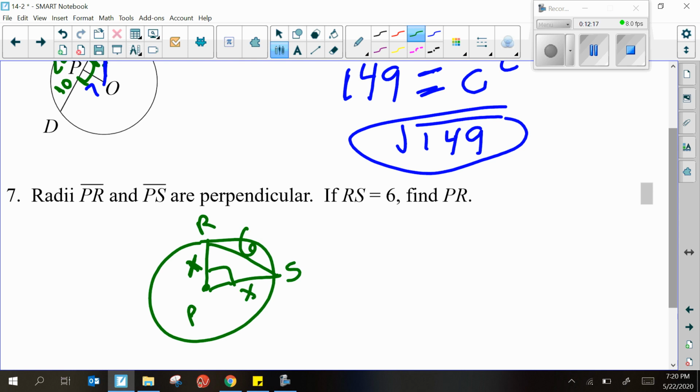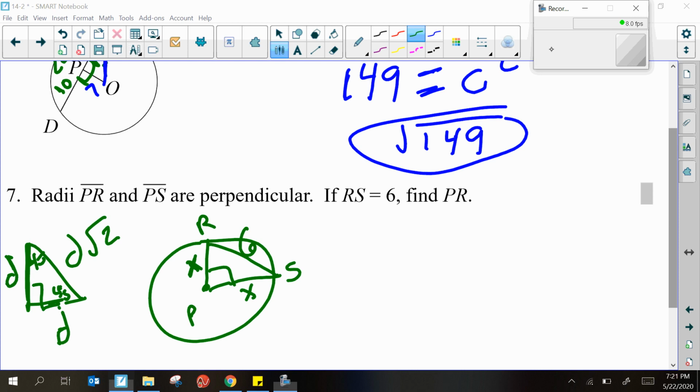So I can use 2 ideas here. Some of you might recall my 45, 45, 90 triangles, and you can use that relationship. Remember, we had across from the 90, and then we had across from the 45s. I just drew it over on the left here. My pen was acting up, so I just drew it quickly for you.